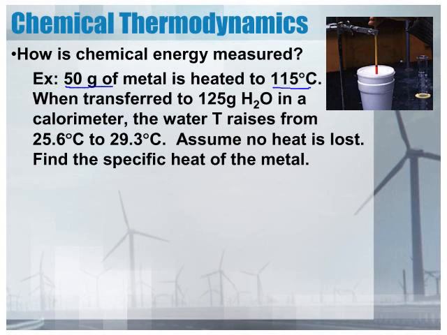It starts out at 115 degrees, so that's our T initial of our metal. We have 125 grams of our water, and our T initial of our water is 25.6, and our final is 29.3, and that's actually the final temperature for both substances, the water and the metal. And we're going to find a specific heat capacity.